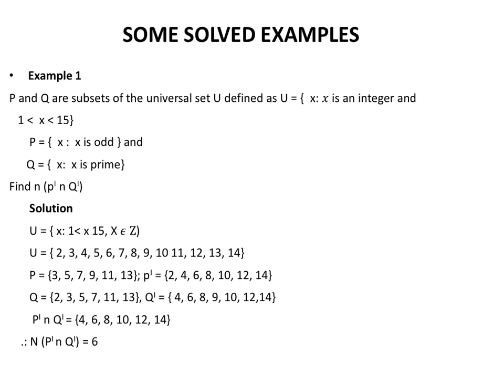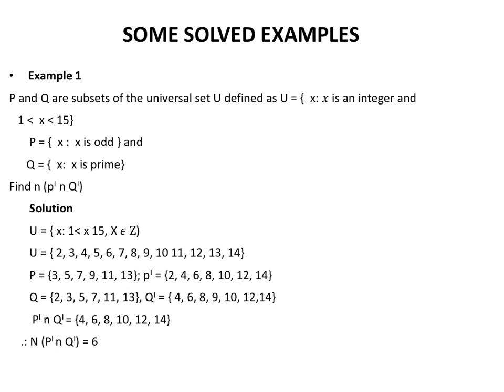For P, we say that P is a set of odd numbers. So from the universal, we choose the odd numbers from 2 to 14, and we have 3, 5, 7, 9, 11, 13. So P prime, that is elements in the universal not in P, we have 2, 4, 6, 8, 10, 12, 14, the even numbers.